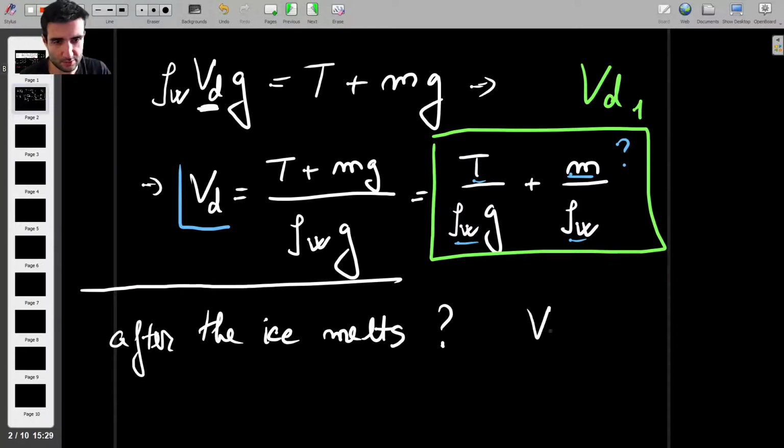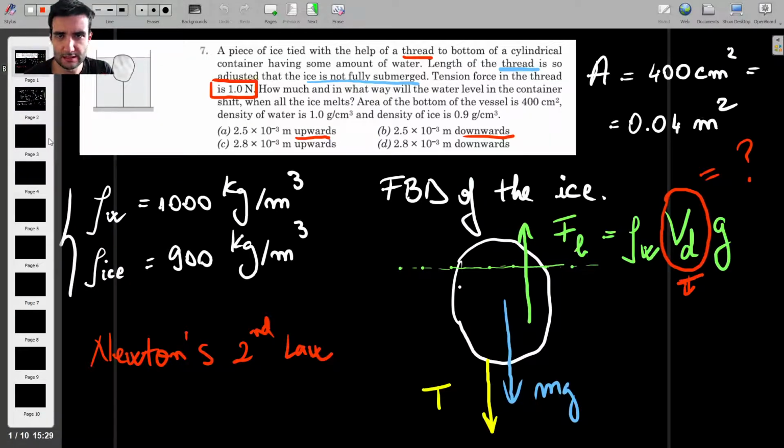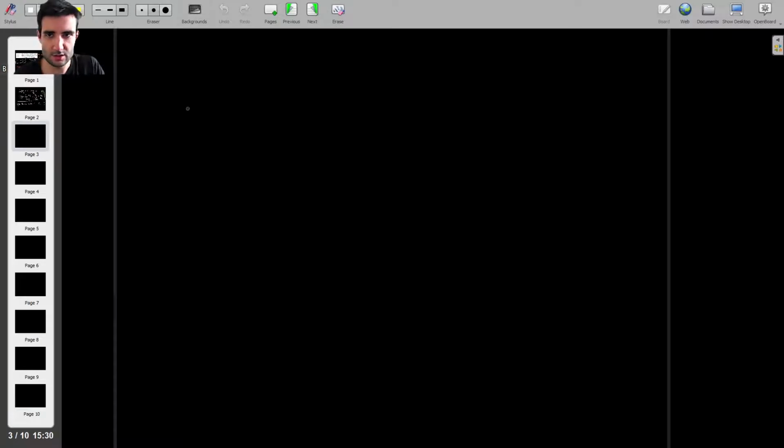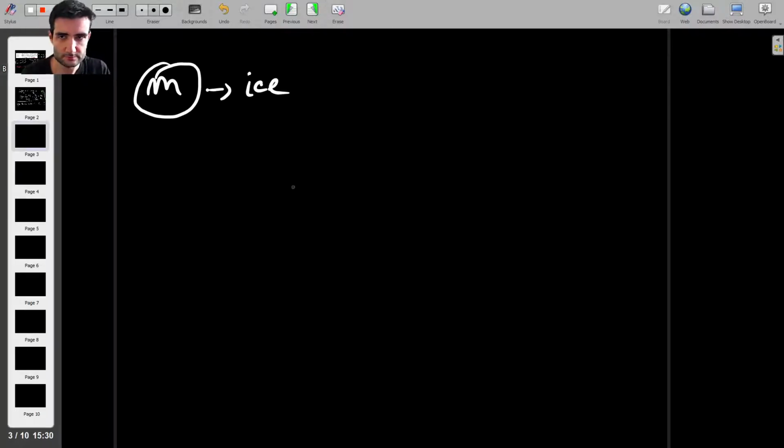So what happens to this displaced volume, which we're going to call in this case VD2? So how much water is going to get displaced once the ice melts? And to do that, here's how we're going to proceed. We're going to say that the ice has a mass m. So when this melts, the mass of the resulting water is the same, right?